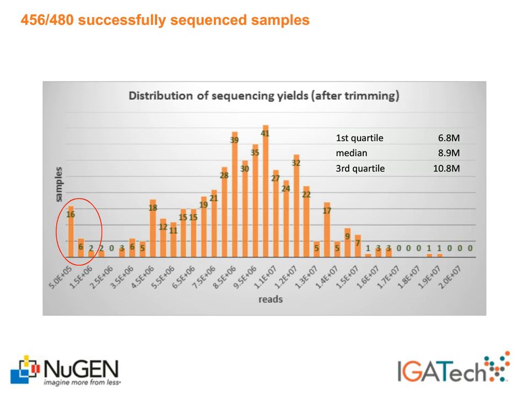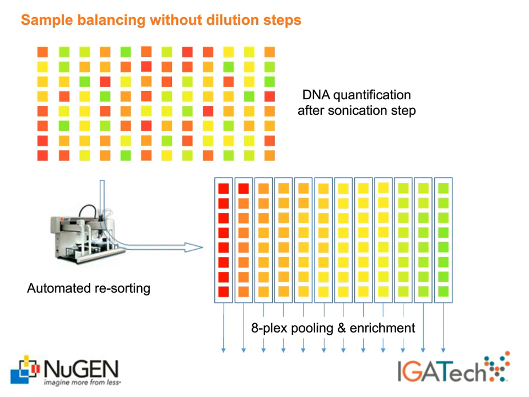Instead of performing DNA normalization, we operated a rank-based resorting of DNA after the sonication step, and then those ranks were pooled for the enrichment procedure. This ensures that samples within a pool are homogeneous in quantity. Also, in our experience on such a big population, where DNA is extracted from different substrates in different conditions, the final DNA yield is also a proxy of its quality.